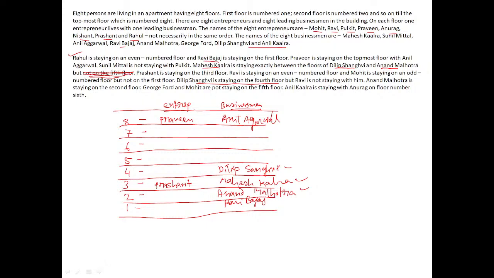Now Proshant is staying on the 3rd floor. Yeah, this is okay. Ravi is staying on an even number floor and Mohit is on an odd number floor, but not on the 1st floor. Dilip Sanghvi is staying on the 4th floor, but Ravi is not staying with him. Anand Malhotra is staying on the 2nd floor. Okay, now George, Ford and Mohit are not staying on the 5th floor. Anil Kalra is staying with Anurag on floor number 6.